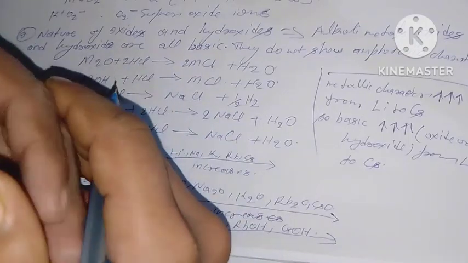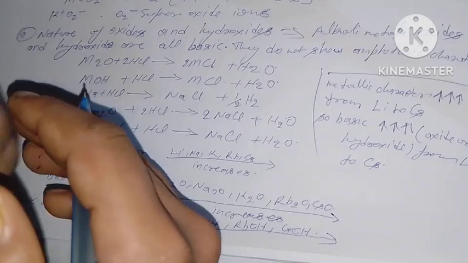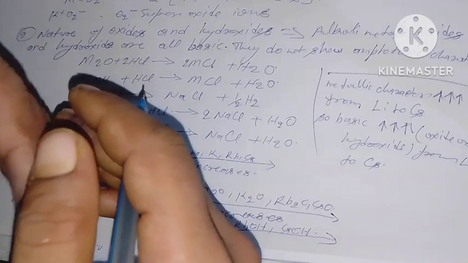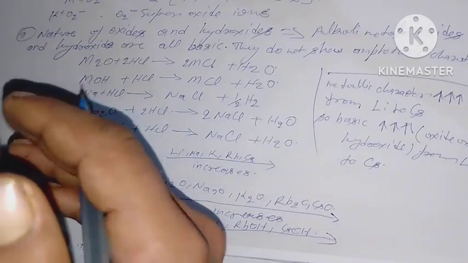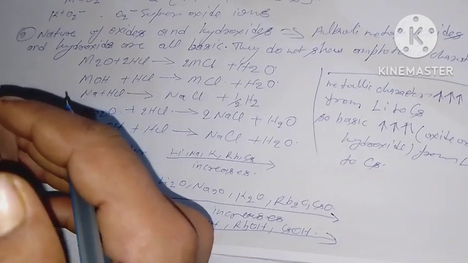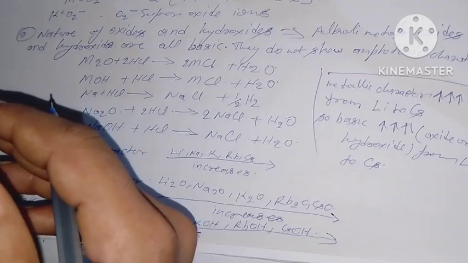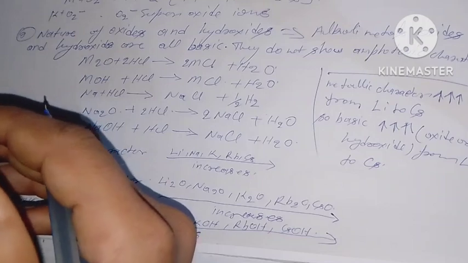In metal hydroxides, the radius of the M positive ion increases from lithium to cesium, and hence the attraction between metal positive ions and hydroxide ions decreases from lithium to cesium. Consequently, dissociation of metal hydroxide to metal positive and hydroxide negative increases, and basic strength increases.